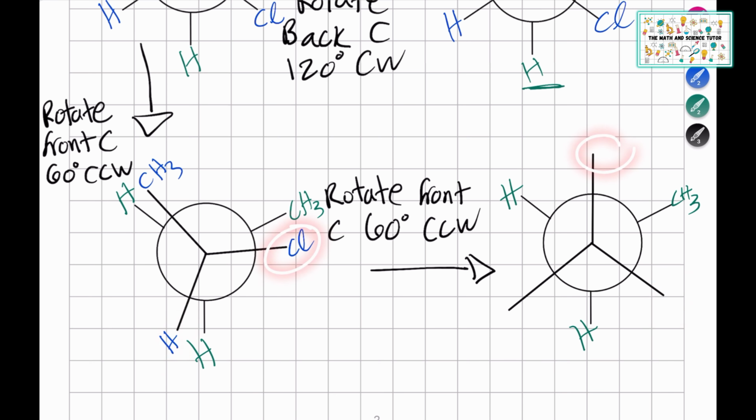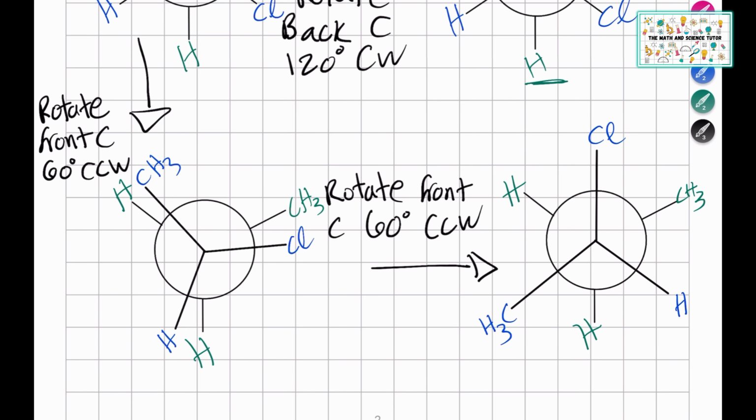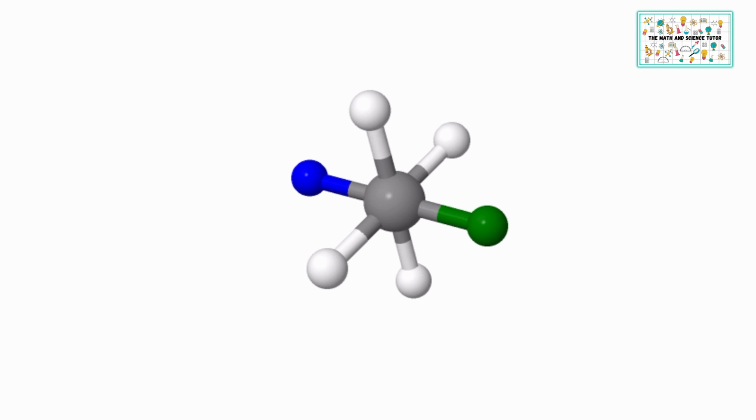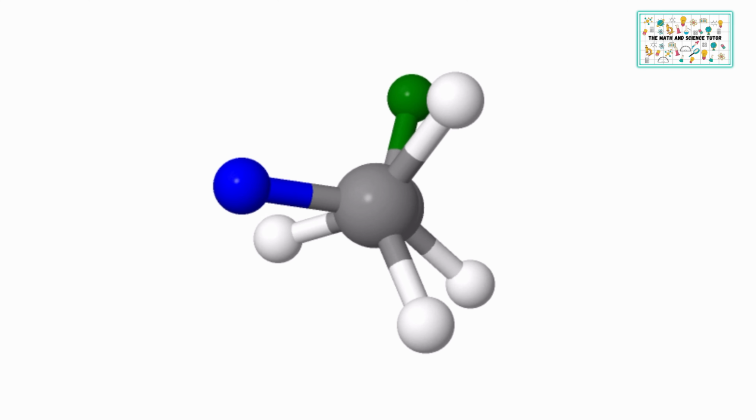This chlorine is going to be here, and this methyl is going to be here. This is called the eclipse conformation, where in reality they're actually on top of each other. We draw them like that so we can see them, while this is called the staggered conformation. So in 3D, this is a staggered conformation, and this is what the eclipse conformation looks like.